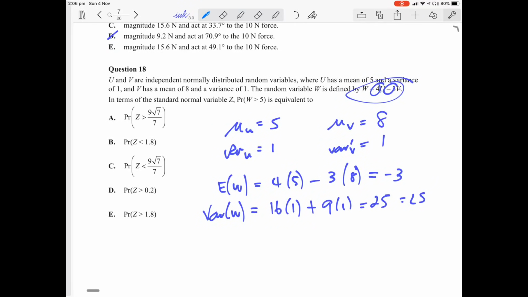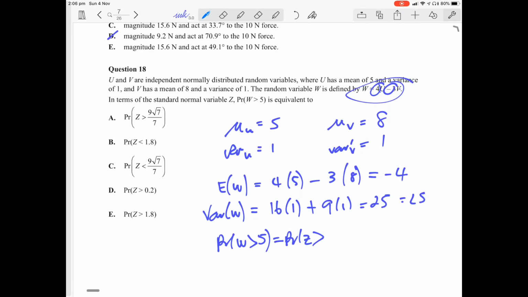Okay, so the probability that W is greater than 5 is equal to the probability that Z is greater than, what am I thinking? Did I stuff up E of W? 20 minus 24, yep, so that's negative 4.